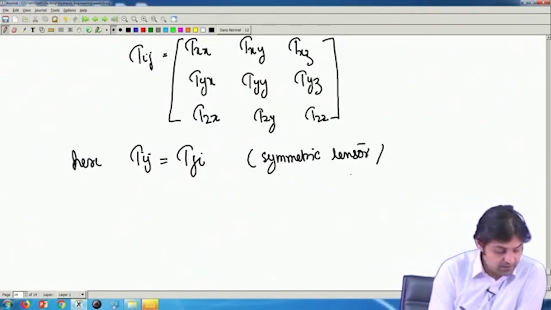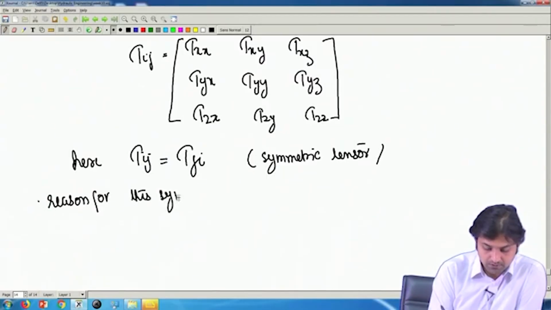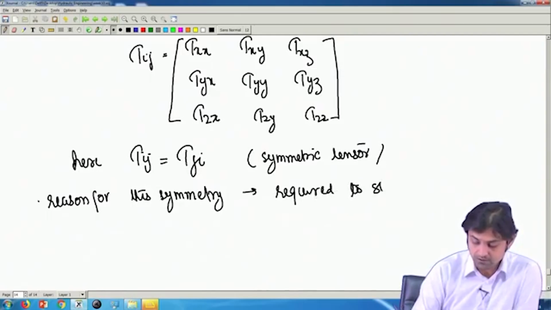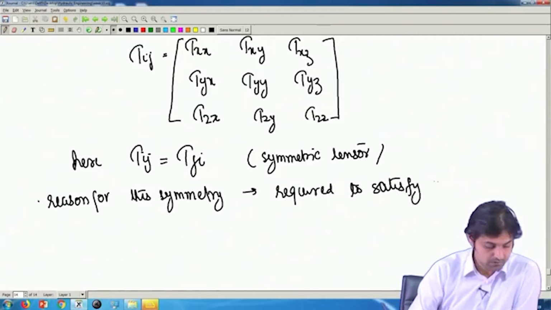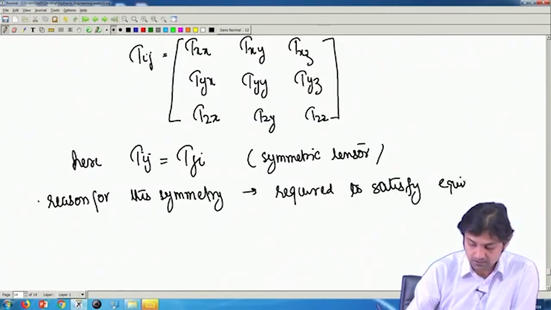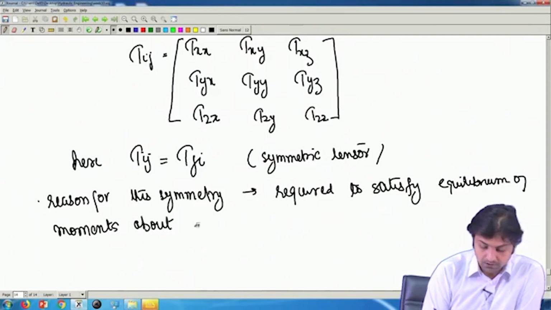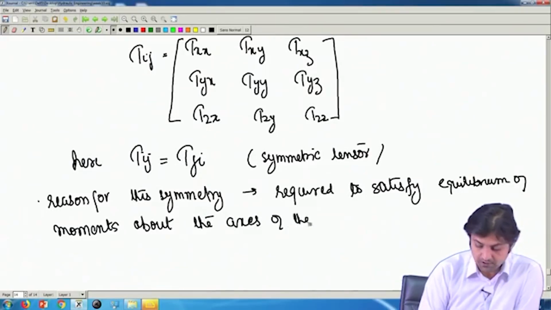And what is the reason for symmetry? It is required to satisfy equilibrium of moments about the axis of the element.